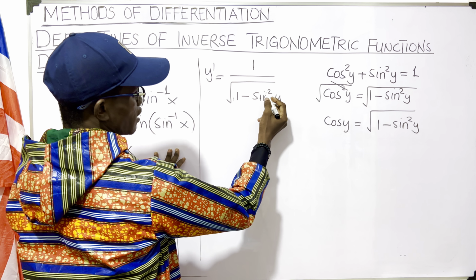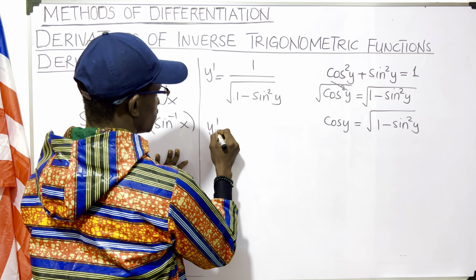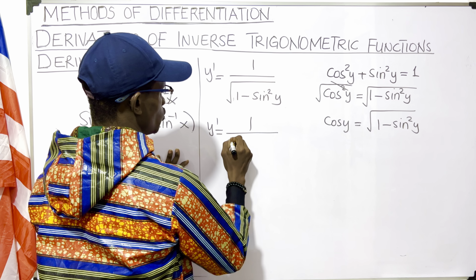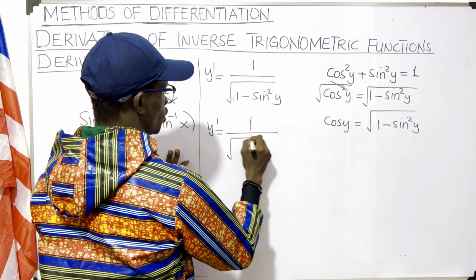But we know that this can be rewritten as the root of 1 minus sine of y, all squared. What is sine of y from the beginning? Sine of y was just equal to x.